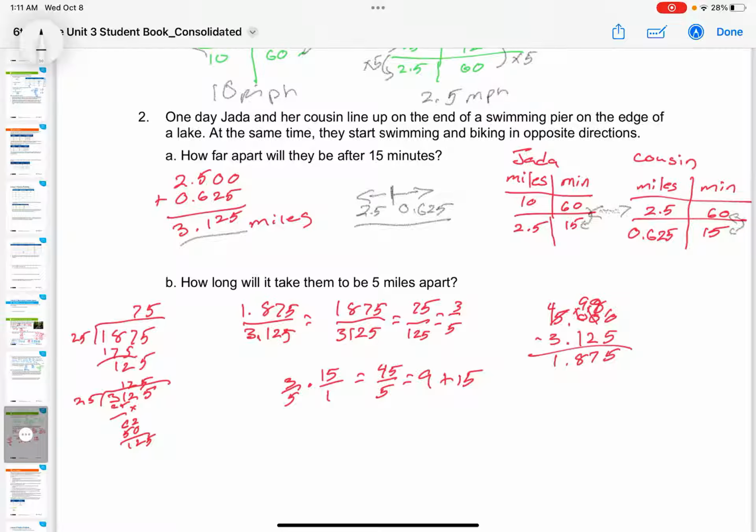So again, we've set that up as a fraction. I'm sorry. Since we know that it's not going to be another 15 minutes, since this is less than that, we're going to put it as a fraction.